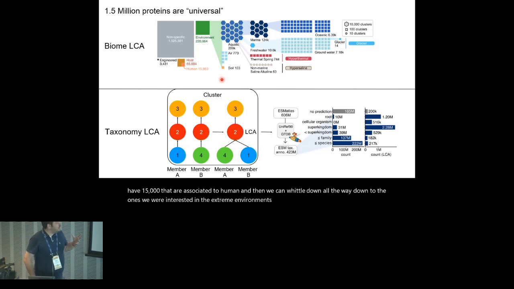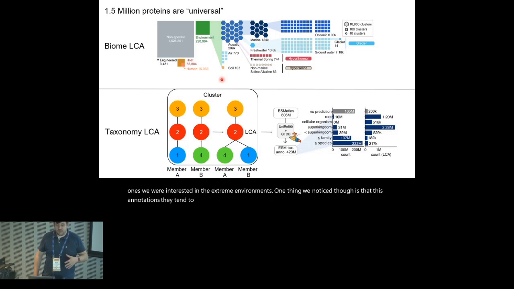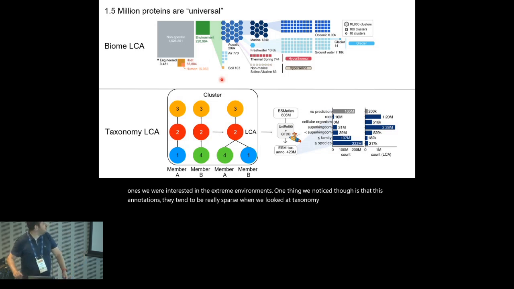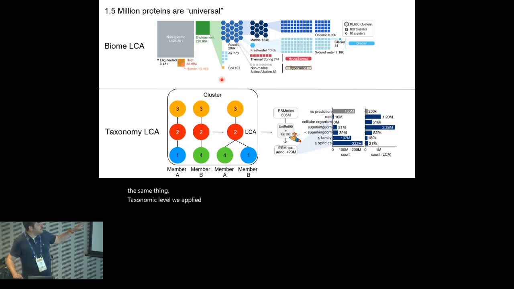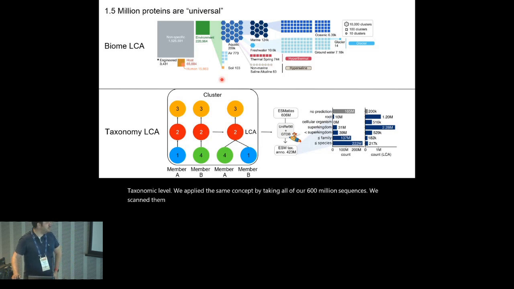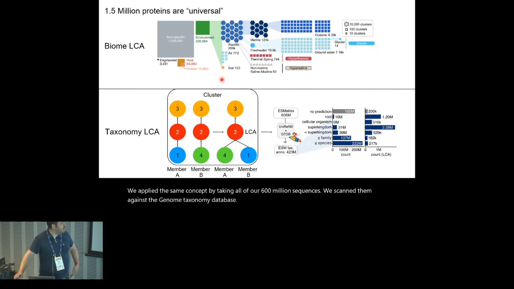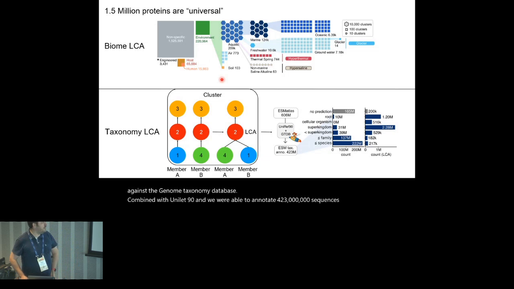One thing we noticed, though, is that these annotations tend to be really sparse when we looked at taxonomy. So we decided to do the same thing at the taxonomic level. We applied the same concept by taking all of our 600 million sequences. We scanned them against the Genome Taxonomy Database, combined with UniRef90, and we were able to annotate 423 million sequences in ESM Atlas.